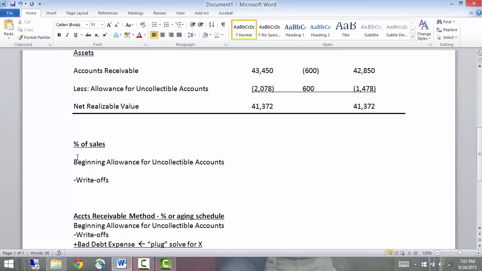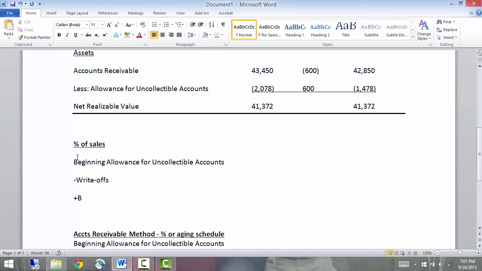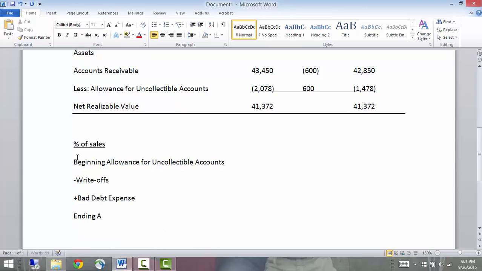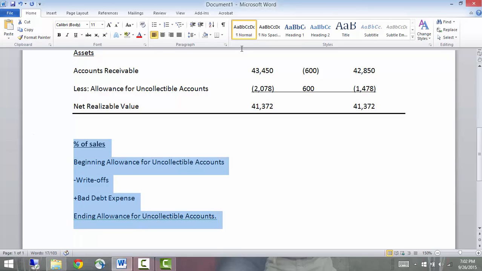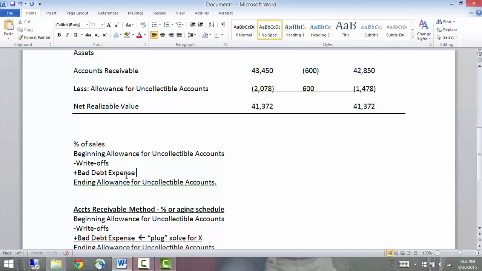It's just another word for that account. Plus bad debt expense. And that's going to equal your ending allowance for uncollectible accounts. This is all in my lecture notes as well.